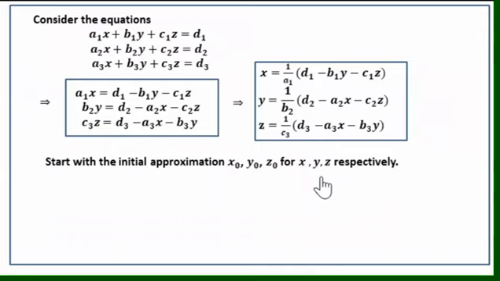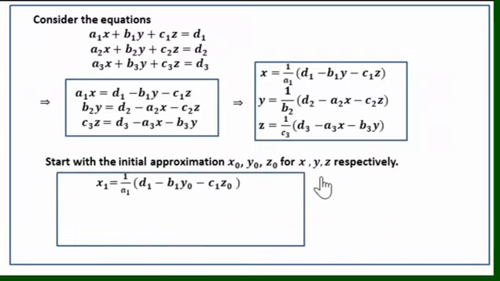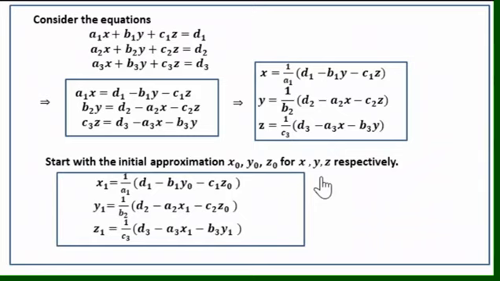In the same way, the second approximation x2, y2, z2 is completed. To get x2, we take y1 and z1. So x2 is 1 by a1 into d1 minus b1 y1 minus c1 z1.